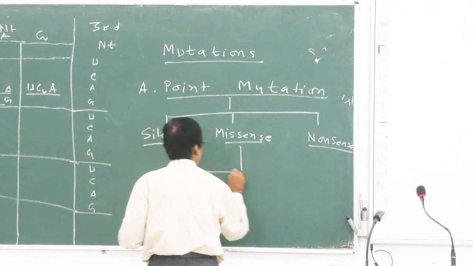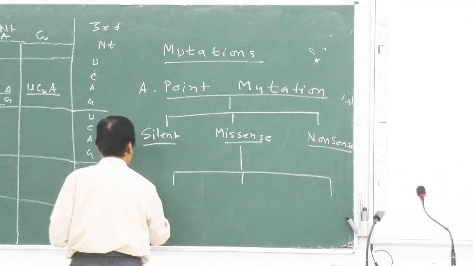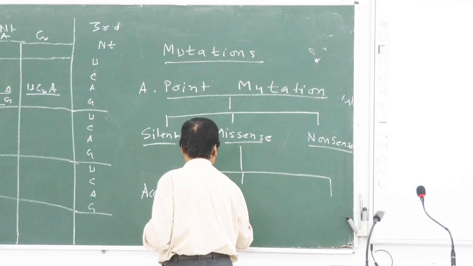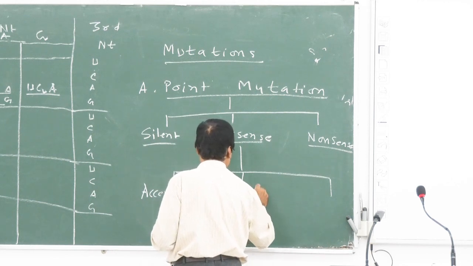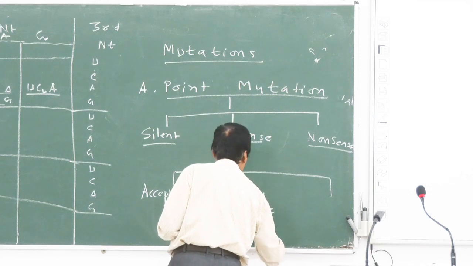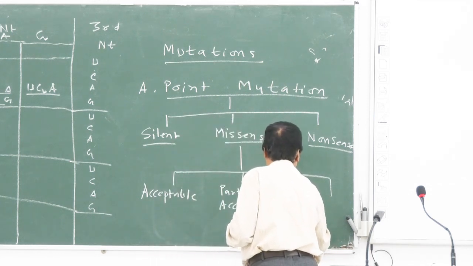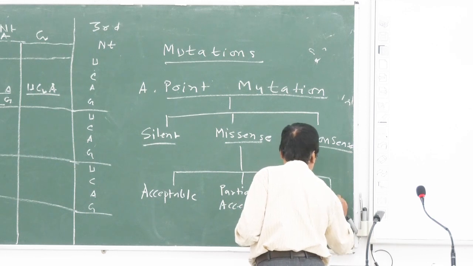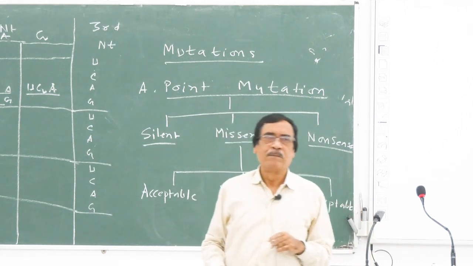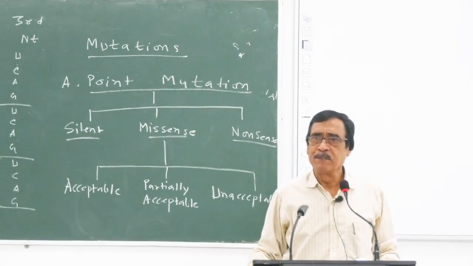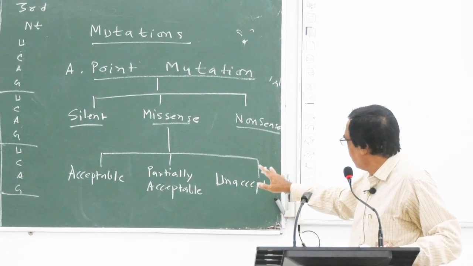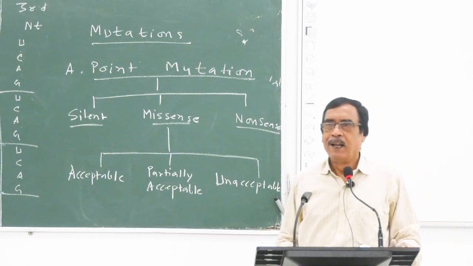Missense, there are 3 types: acceptable, partially acceptable, unacceptable. ওকে, এই ডায়াগ্রামটা মনে রাখবে মিউটেশনের। পয়েন্ট মিউটেশনের তিনটে ক্যাটাগরি, সাইলেন্ট, মিসসেন্স, ননসেন্স। মিসসেন্সের আবার তিনটে ক্যাটাগরি, অ্যাকসেপ্টেবল, পার্সিয়ালি অ্যাকসেপ্টেবল আর আনঅ্যাকসেপ্টেবল। I am now describing this.